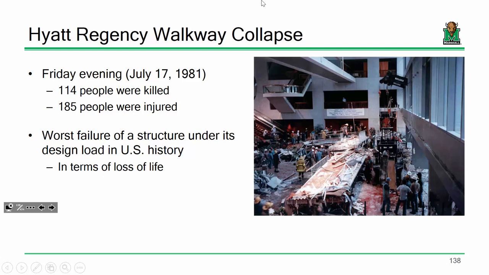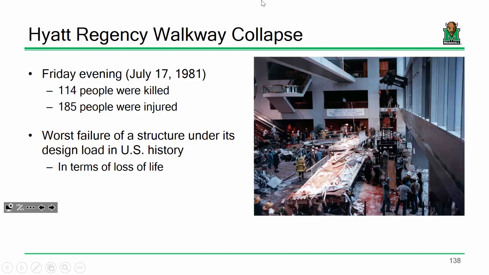I don't mean to start off discussion today with a topic that's somewhat somber, but this is pretty serious stuff. When this failed, it was the worst failure of a structure under its design load in U.S. history.